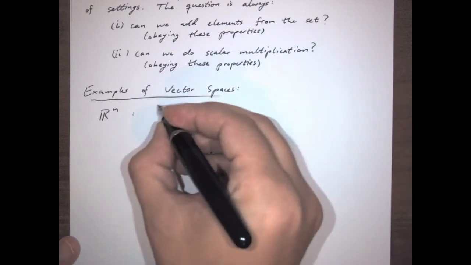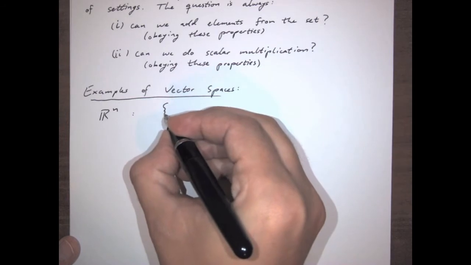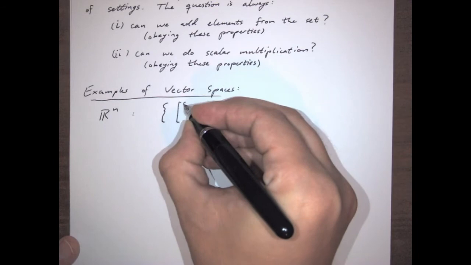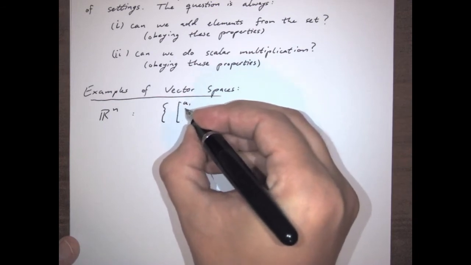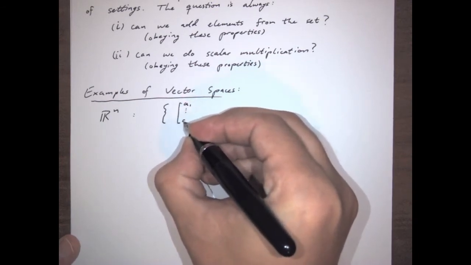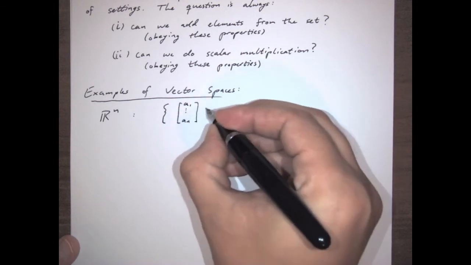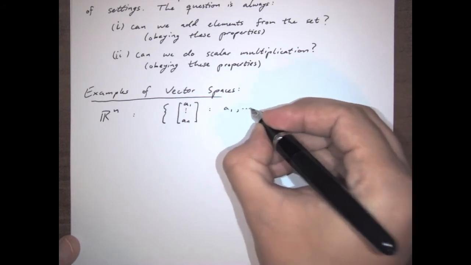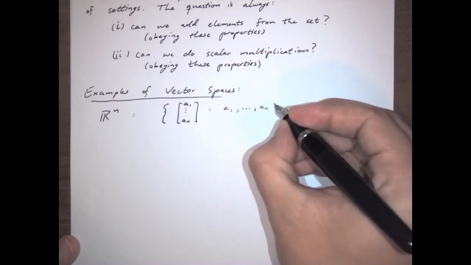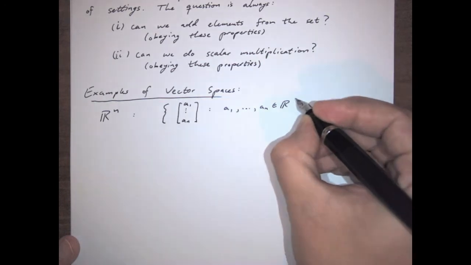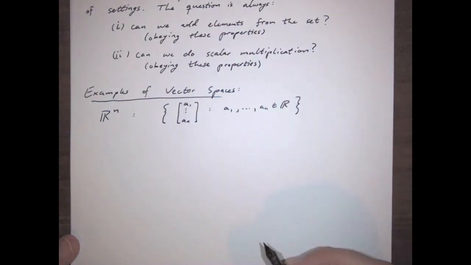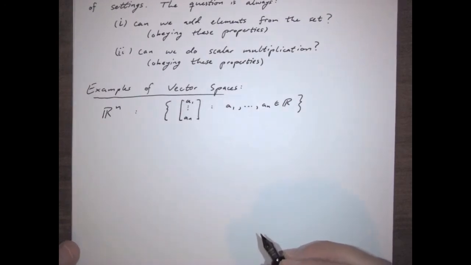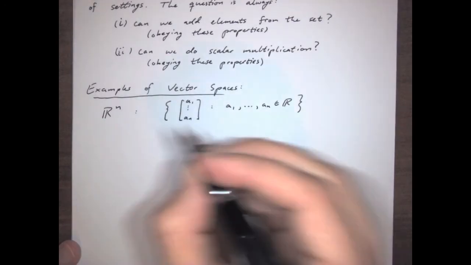So this is the set of elements of the form, and we might write it like a1 down to an, such that a1 through an are each real numbers. So this one is the classic example of a vector space.